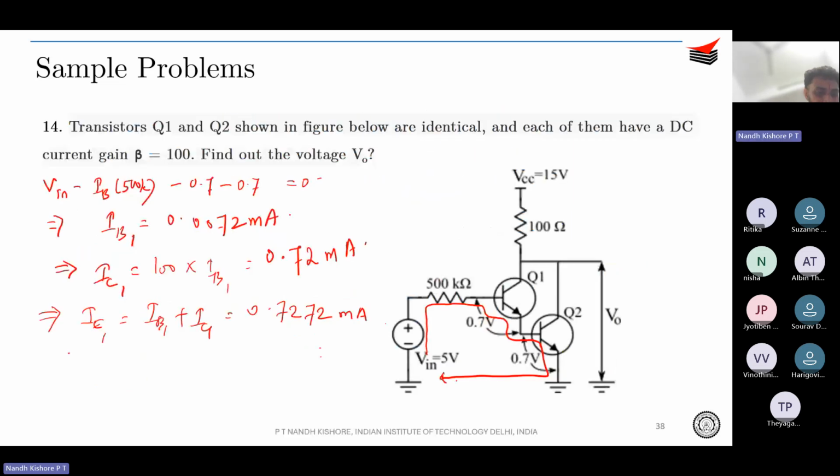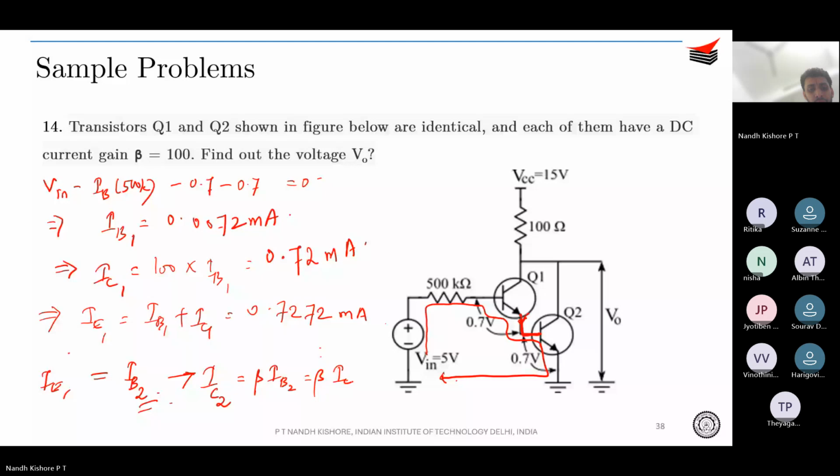You observe over here that IE1, that is the emitter current of Q1, is actually going to the base of Q2. So IE1 is equal to IB2. This is what is going as the base current of Q2. So if this is the base current of Q2, your IC2 is going to be beta times IB2, or beta times IE1.